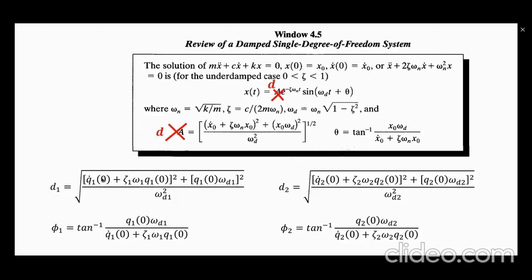And instead of x1, I have q1 at 0. So what you see here is exactly the line up there, except that it's written for the first equation, and it's written for the second equation. For the first equation, anytime you see an x, it's q1. For the second equation, anytime you see an x, it is q2. Okay? So nothing new here. It all goes back to a single degree of freedom system and the fact that we know how to decouple our equations.